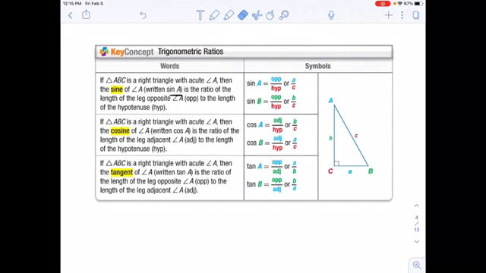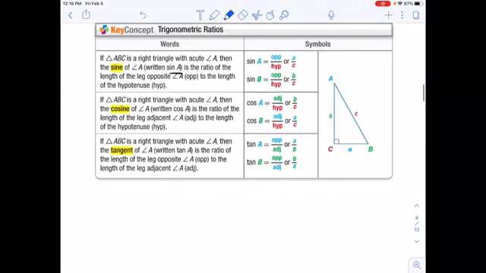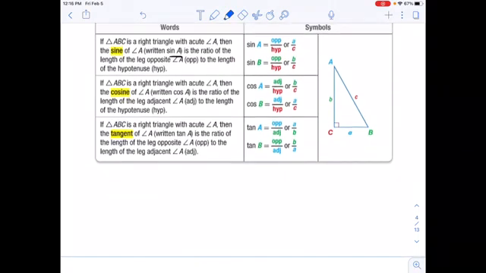As you'll see right here, if you were standing at angle B, you have something else. Notice you don't stand at the 90 degree. You only stand at the other two angles. Same thing with cosine, except this time it's the ratio of the adjacent to the hypotenuse, and the tangent is the ratio of the opposite to adjacent.